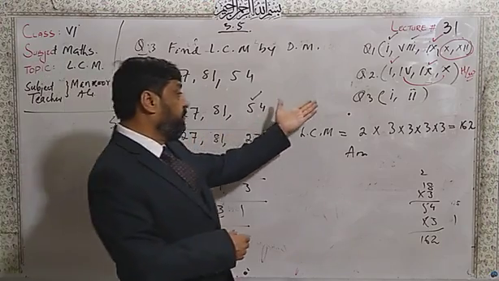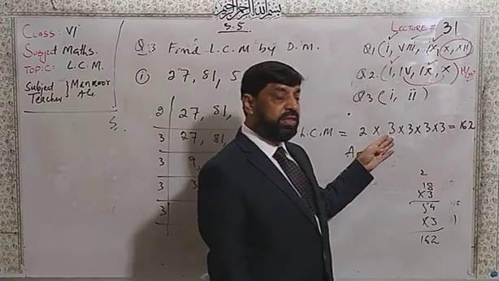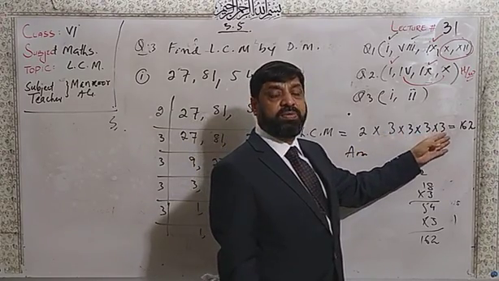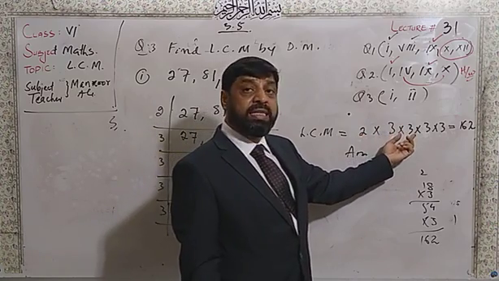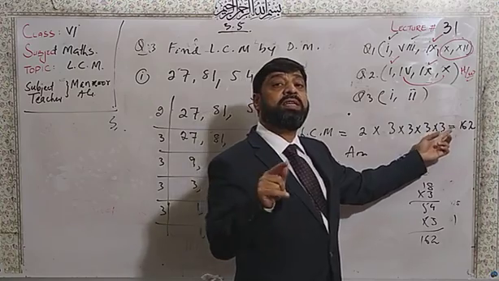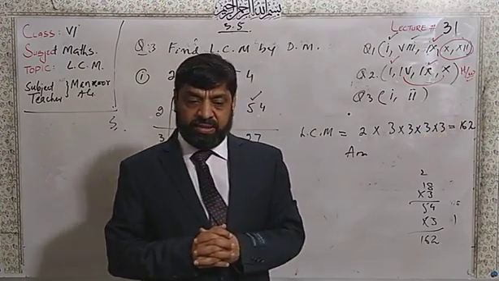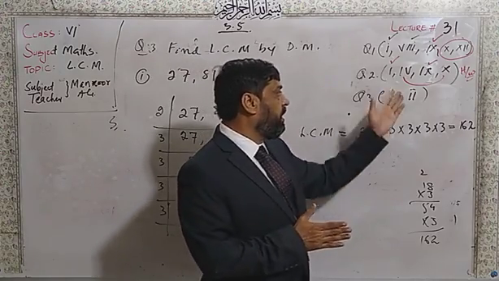And after that, when you get the numbers, you have to write 2 multiplied by 3 multiplied by 3 multiplied by 3 multiplied by 3. Here 2 3s are 6, 6 3s are 18, 18 3s are 54, 54 multiplied by 3, the answer will come 162.